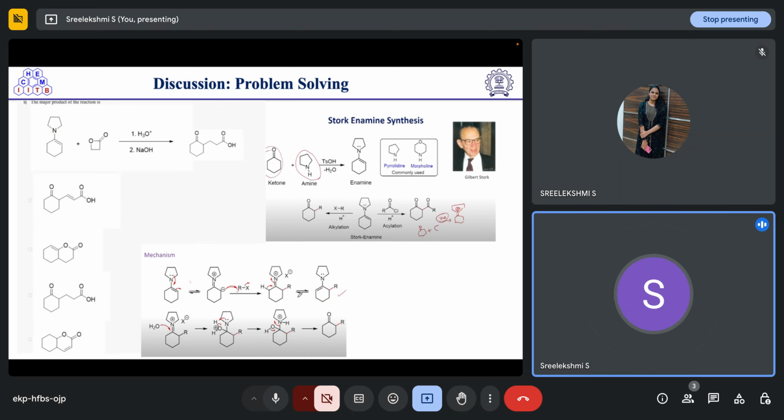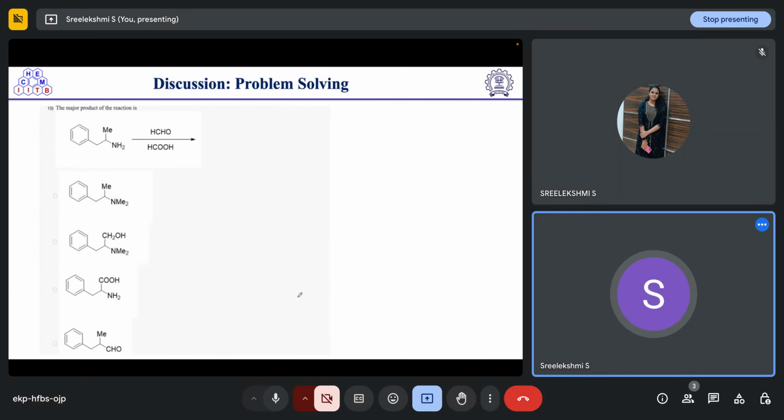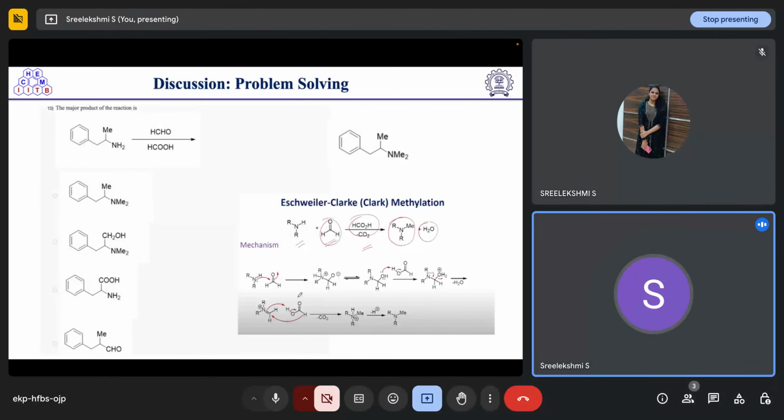Moving to the last question of the week 6 assignment. This compound is treated with HCHO and formic acid. Which will be the major product? I am not explaining the mechanism here, we have already seen this. This is an example of Eschweiler-Clarke methylation, where the free nitrogen will get methylated.